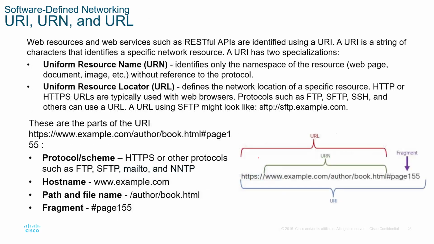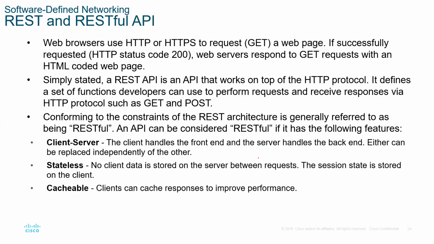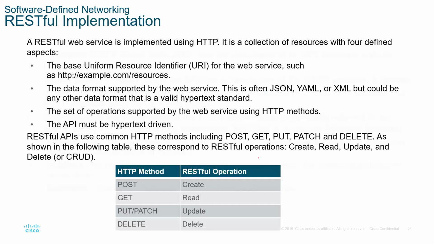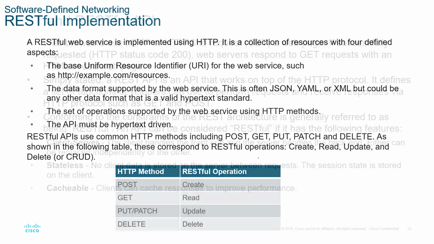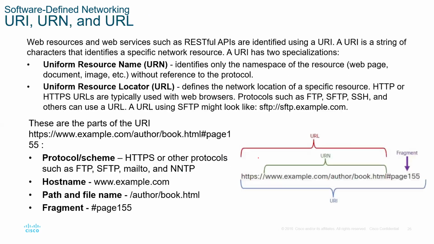Right, URI, URN, and URL. By definition, a URI, Uniform Resource Identifier. By definition, a URI identifies a network resource.